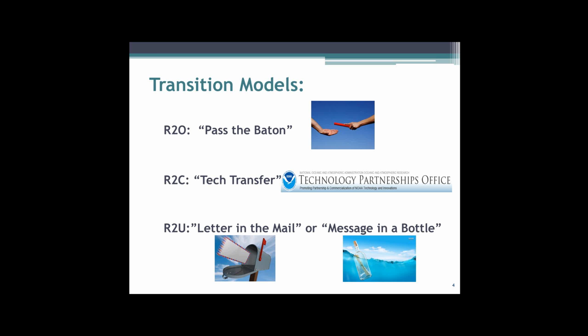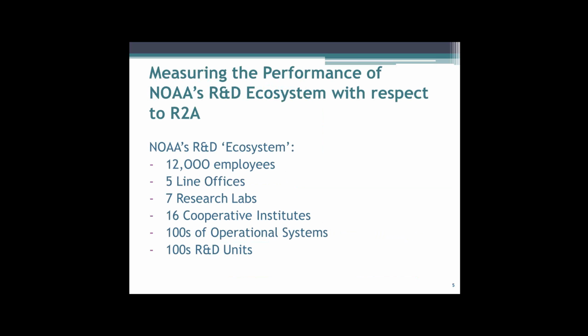So why are we doing this? You can view NOAA as having a research and development ecosystem with respect to R2A, comprised of employees and line offices and research labs and cooperative institutes and hundreds of operational systems and many R&D units.